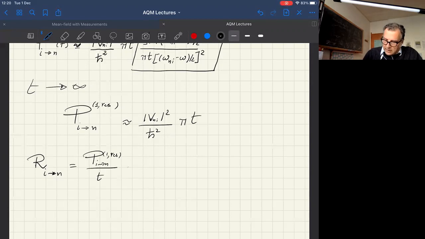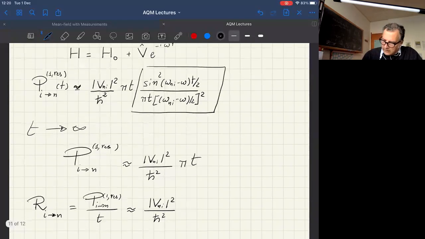The probability per unit time is V_NI squared divided by h bar squared, sorry, here I forgot the delta function, which is important, delta of omega_NI minus omega, divided by 2.